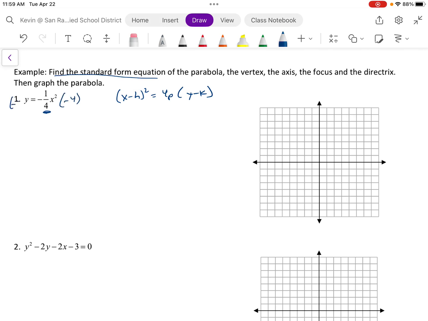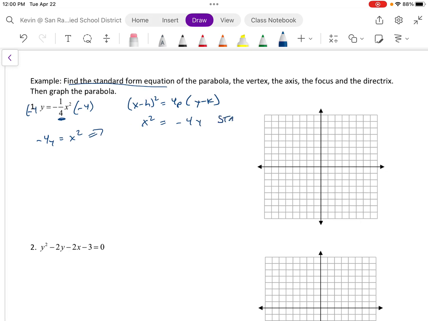We can't have any coefficient on the x squared, so we're going to multiply both sides by -4. That gives me -4y equals x squared. Let's switch this around, so this would be x squared equals negative 4y.